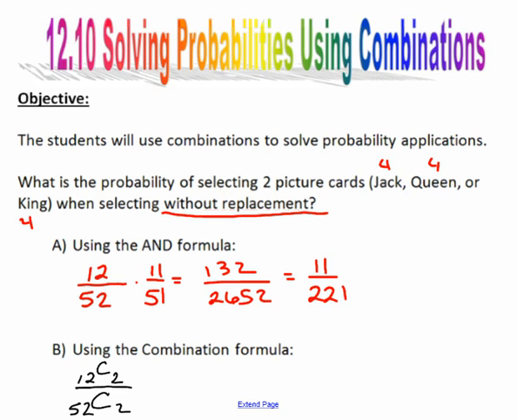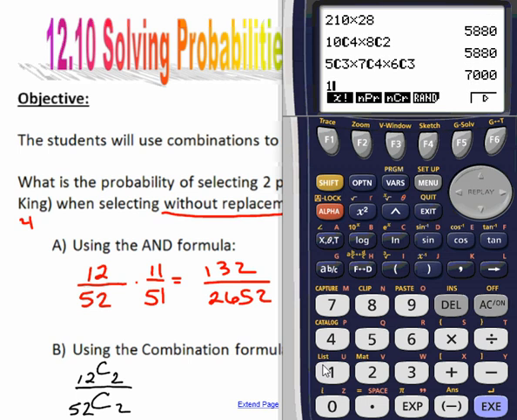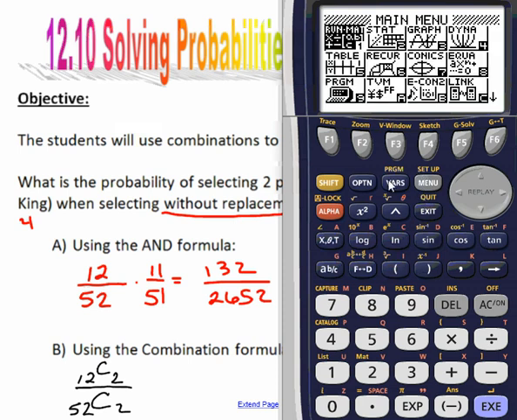Okay, so let's go ahead and I'm going to use this calculator here, and we can use 12C2, and this goes back to previous. Don't forget, it's just inside of option.